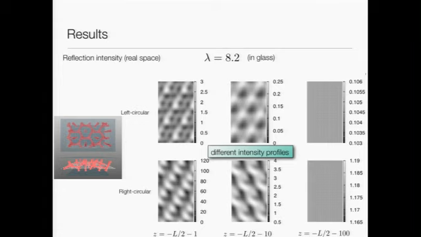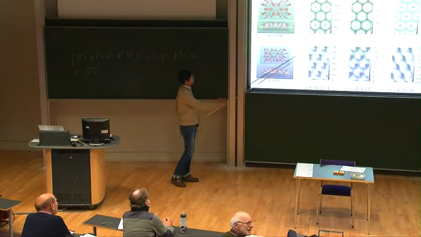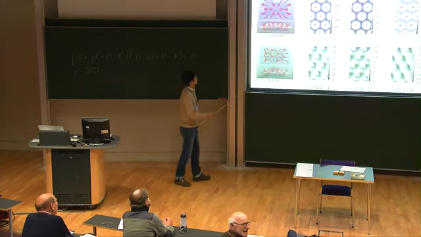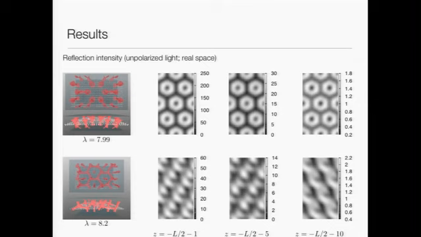Finally, one of the concerns of Andre Nietzsche was whether these two profiles, possessing at least a threefold symmetry, can be distinguished by experiments. Now I'm plotting the intensity profile when the light is unpolarized.